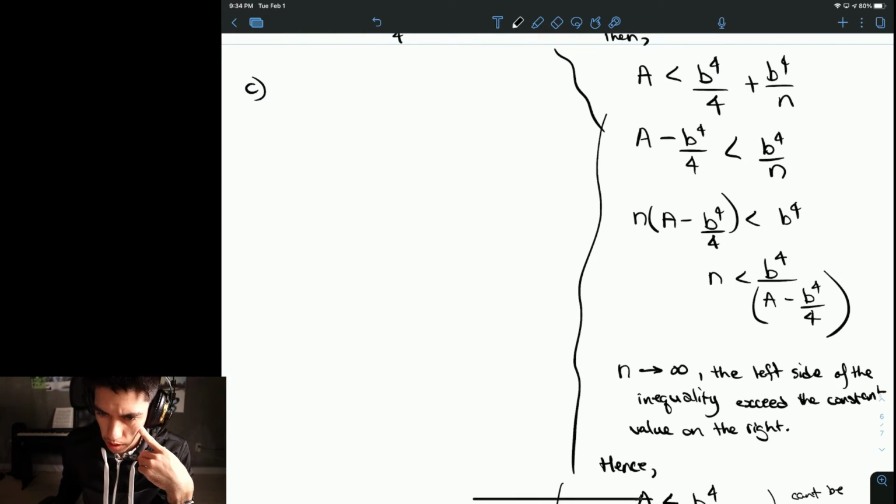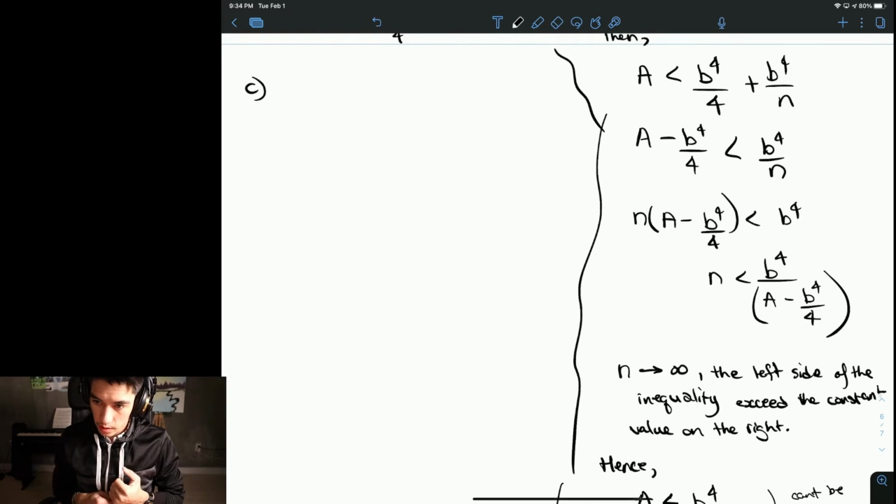Question C says, what number takes the place of b^4 over 4 if the ordinate at each x is ax cubed?